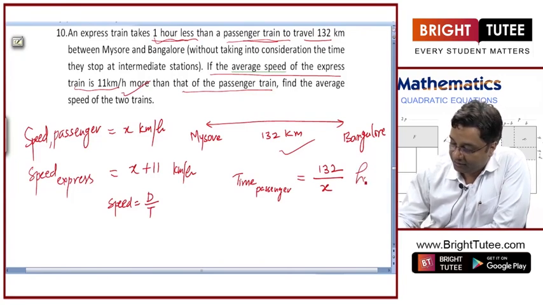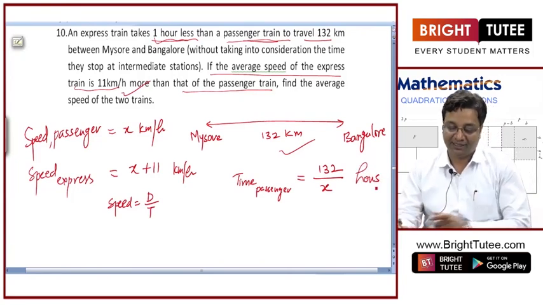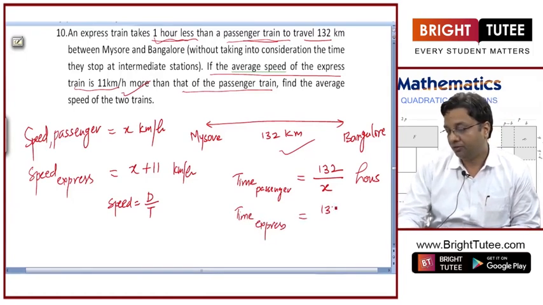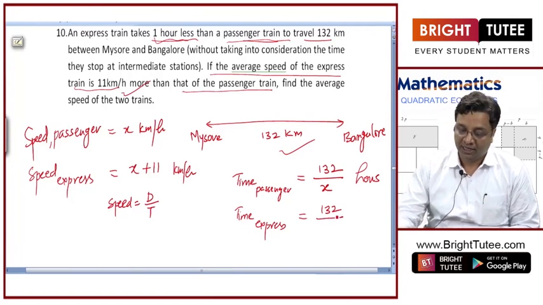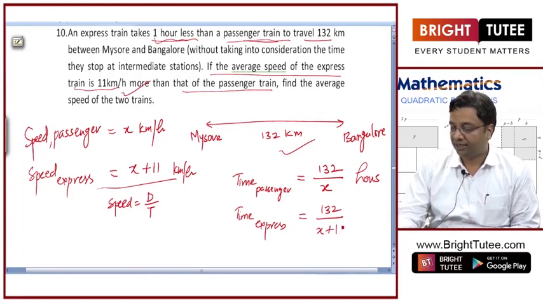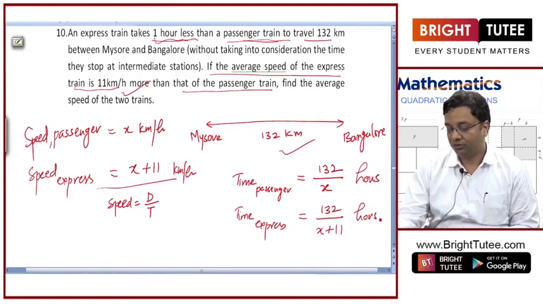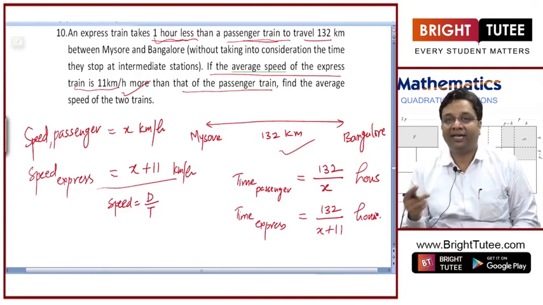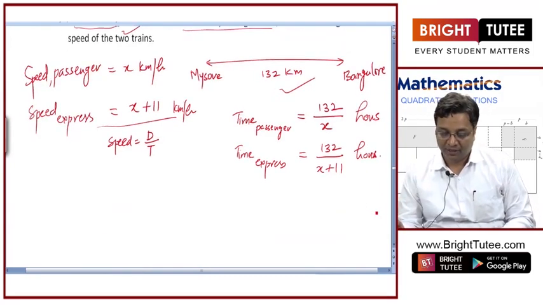So these many hours are taken by the passenger train. So what will be the time taken by the express train? It will be equal to distance 132, and what is the speed of the express train? It is x plus 11. So the express train will take 132 by x plus 11 hours, right?